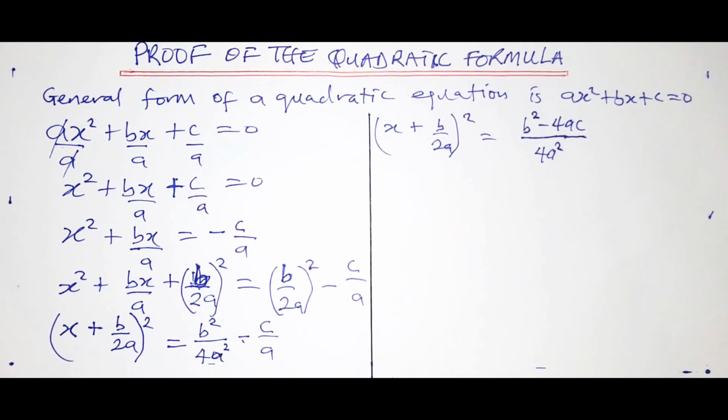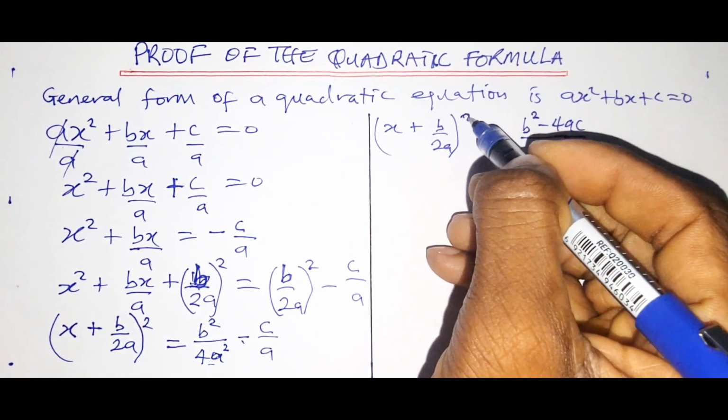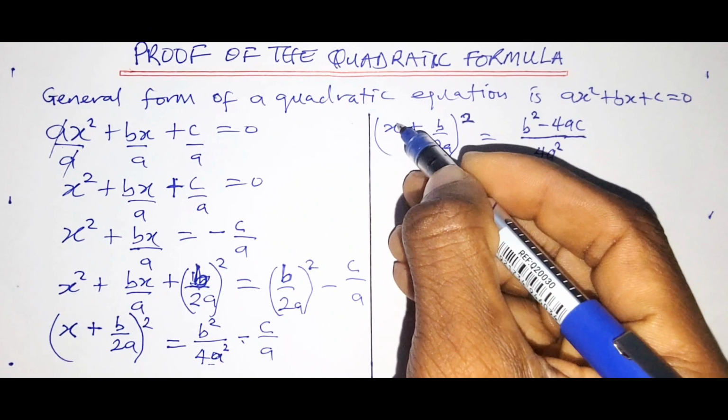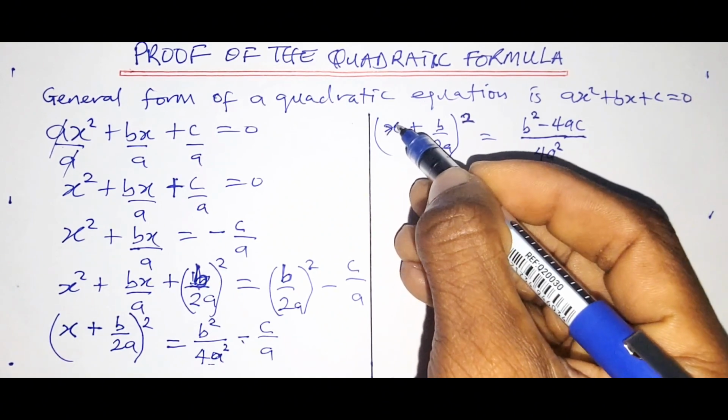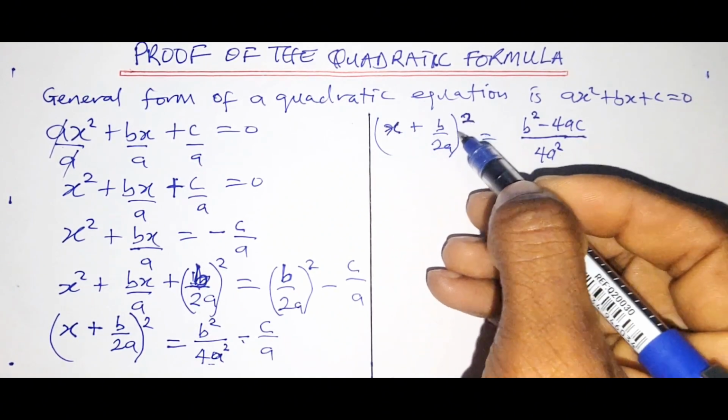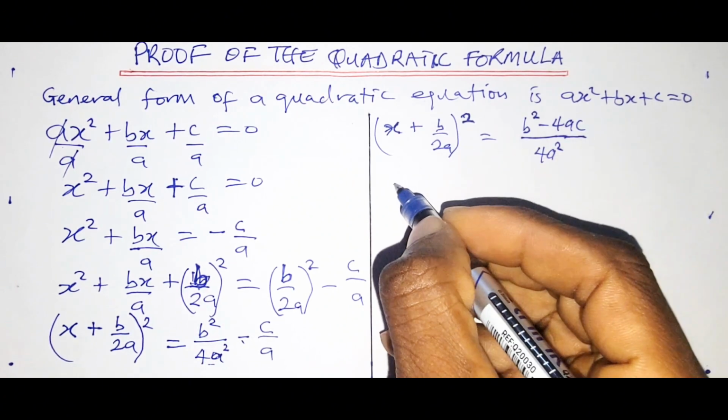So from here, we are going to find the square root of both sides in order for these two here to disappear. We are just looking for the value of x. So in order to do that, we find the square root of both sides.